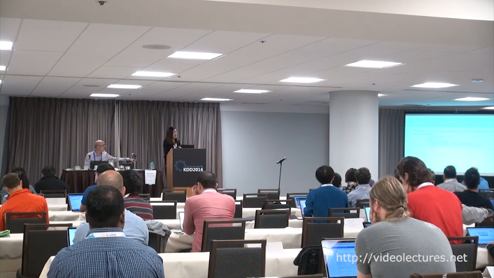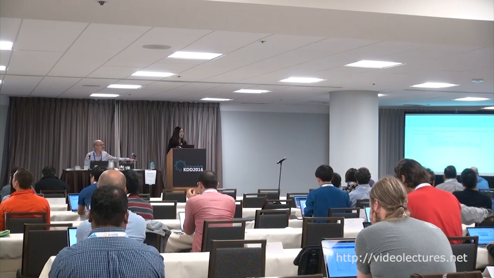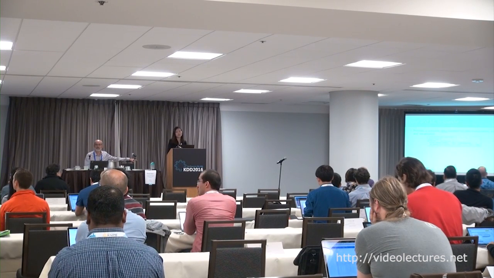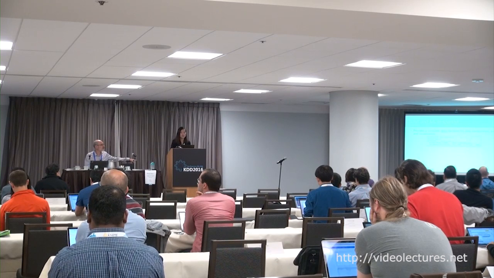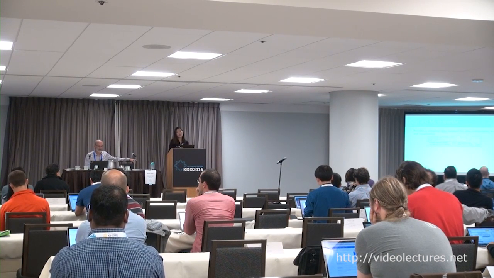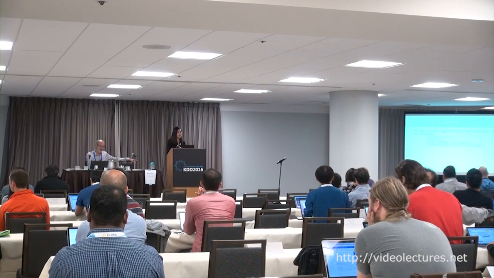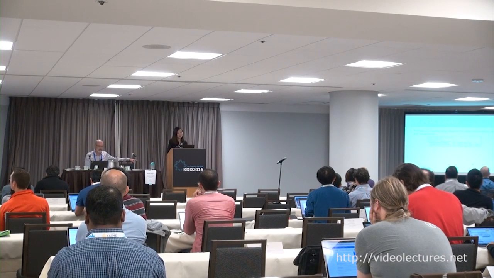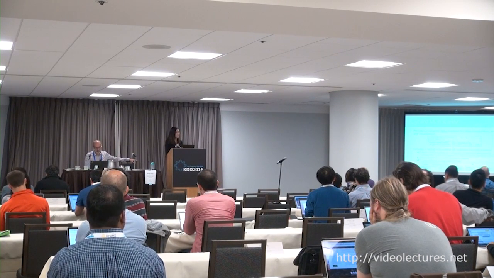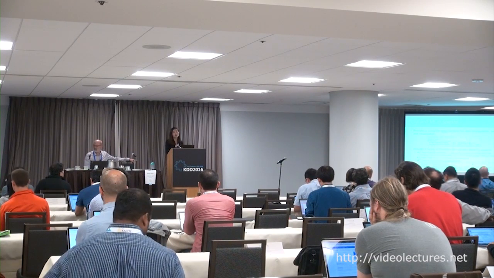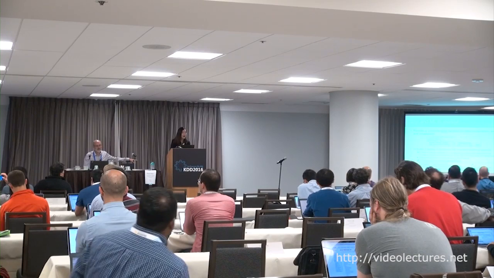Sparklyr provides a complete data backend for the dplyr backend for data manipulation, analysis, and visualization. If you are not familiar with dplyr, it provides an easy data manipulation pipeline through this pipe operator. And in machine learning, there are three families of functions for machine learning pipelines also included in the sparklyr.